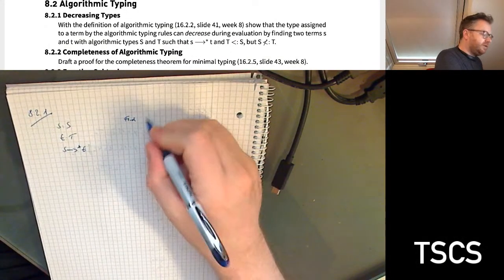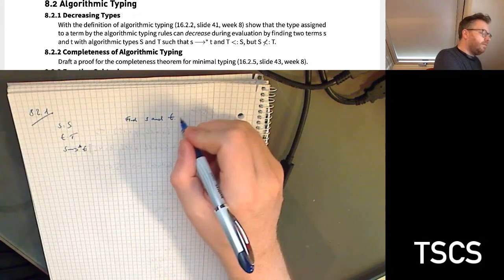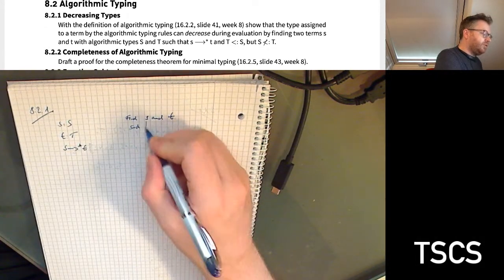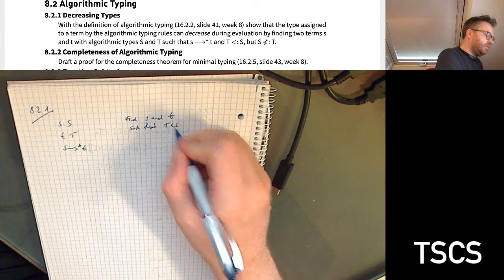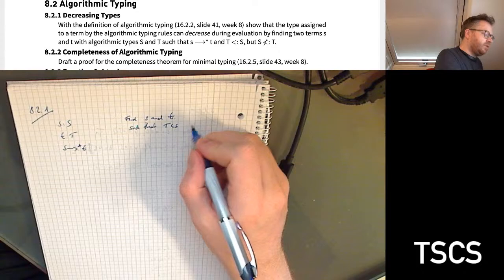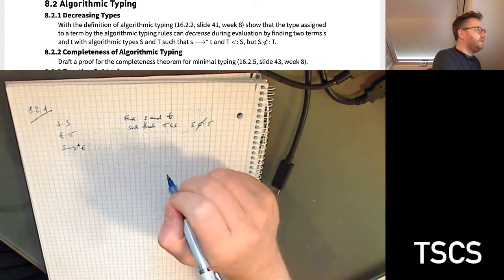We would find S and T such that big T is a subtype of big S, but big S is not a subtype of big T.